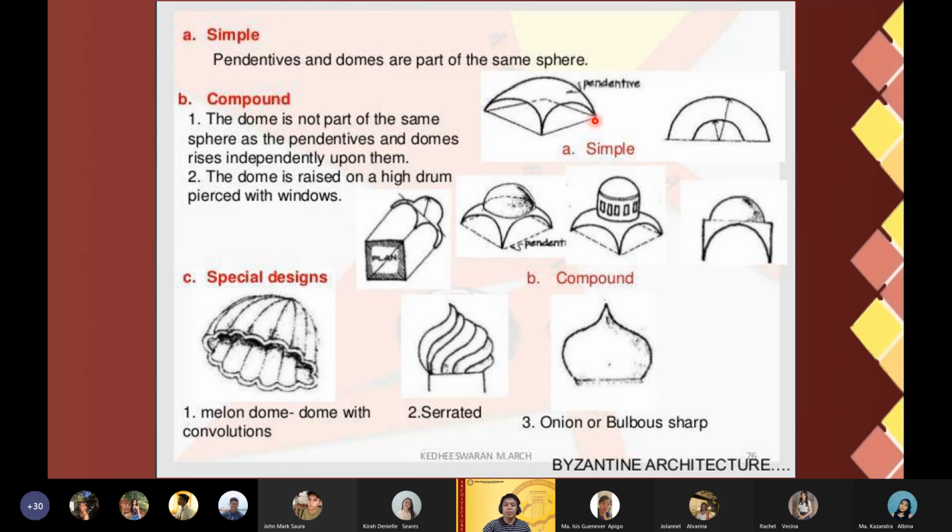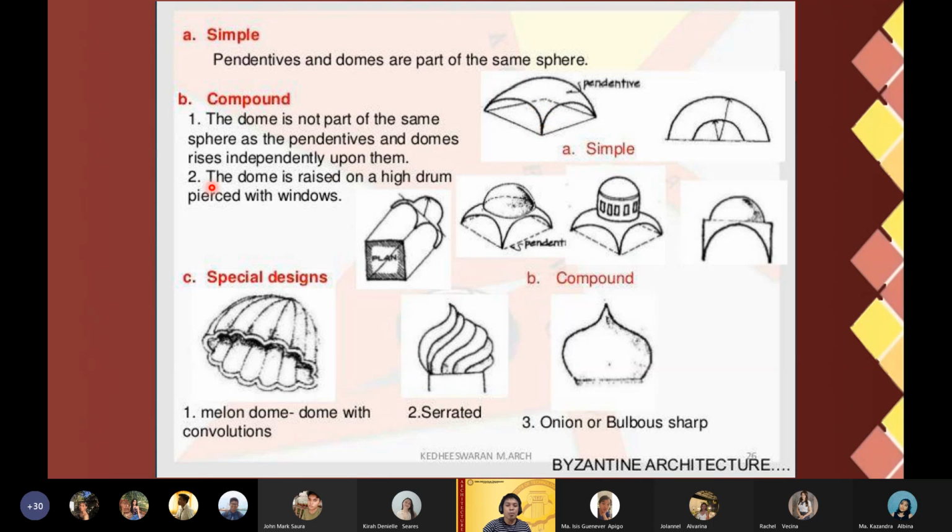During that time, as you can see in the YouTube video, they really planned and studied how to start from a square and put a dome on top of it. So they added this term, pendentive. That triangular portion right here is the pendentive.